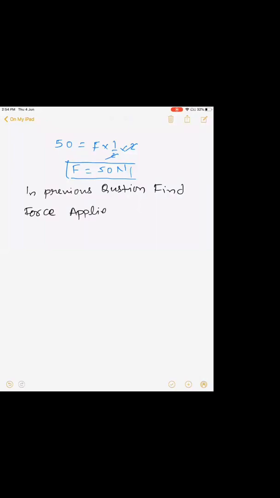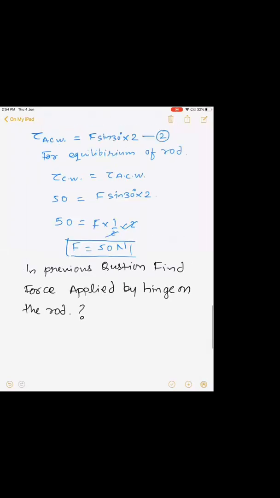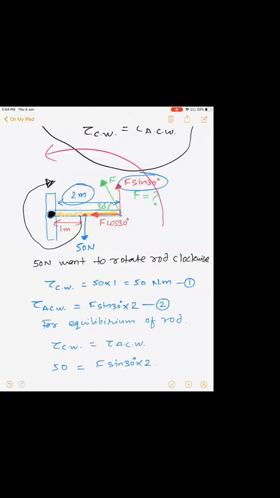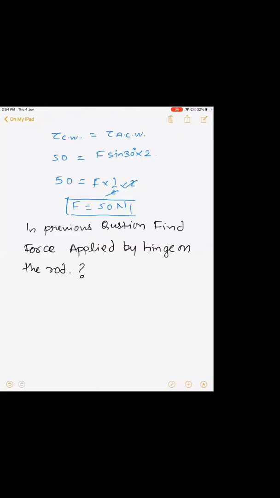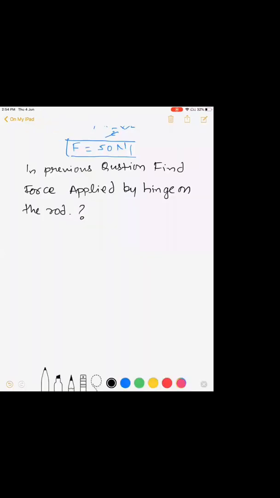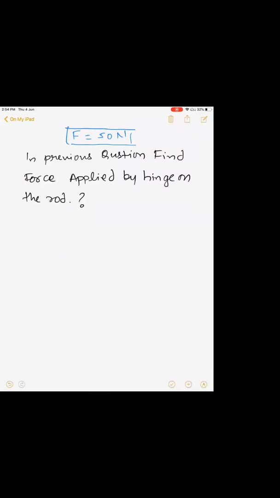Force applied by the hinge on the rod. See, the net force must be 0, right? So let's make the diagram of the rod again. This is our rod.